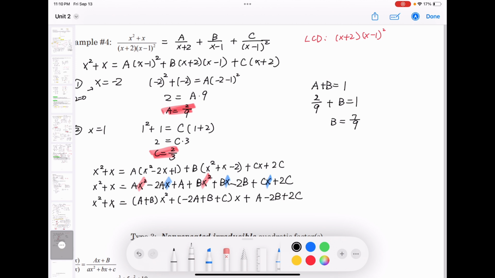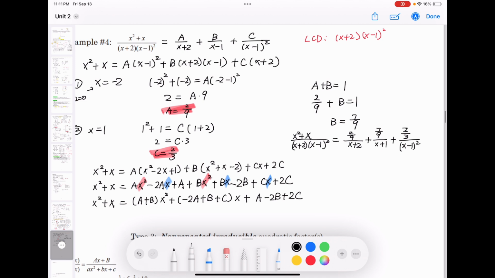We have x squared plus x divided by x plus 2 times x minus 1 squared equal to a over x plus 2, where a is 2 over 9, plus b over x minus 1, where b is 7 over 9, plus c over x minus 1 squared, where c is 2/3.